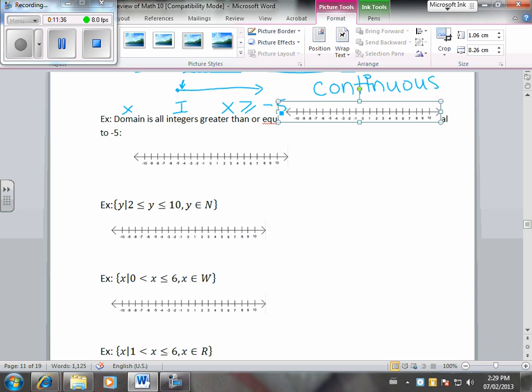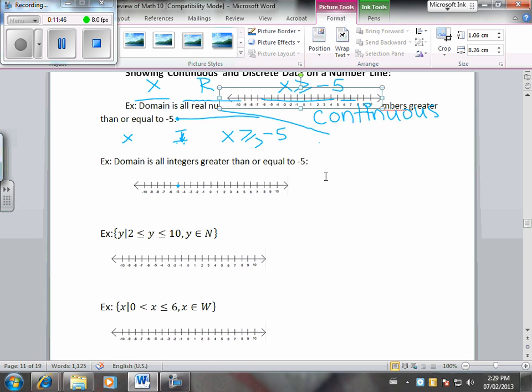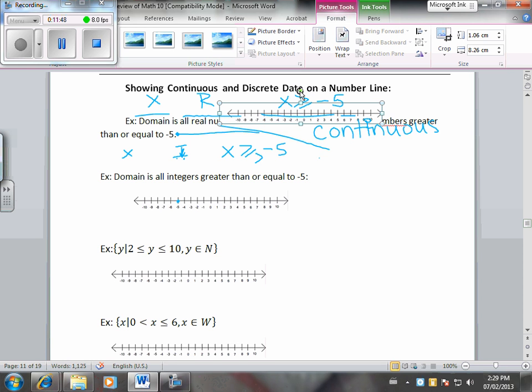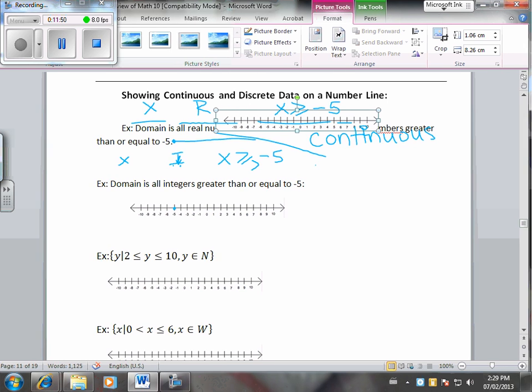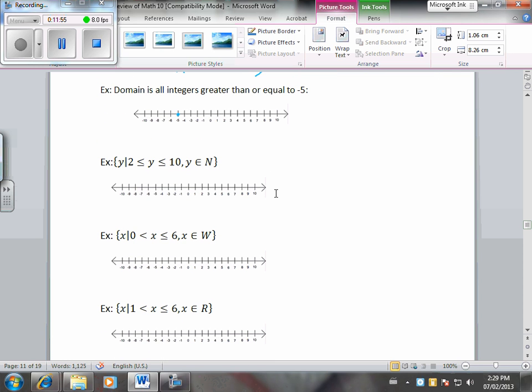Okay, so if we start at -5, and let's see if I can move this up here. Sorry about this, guys. Okay, we'll just leave it. So all integers greater than or equal to -5.